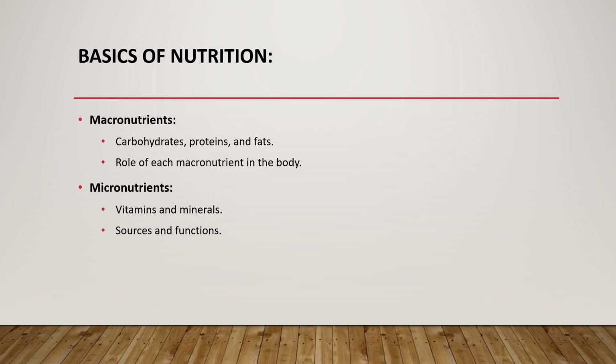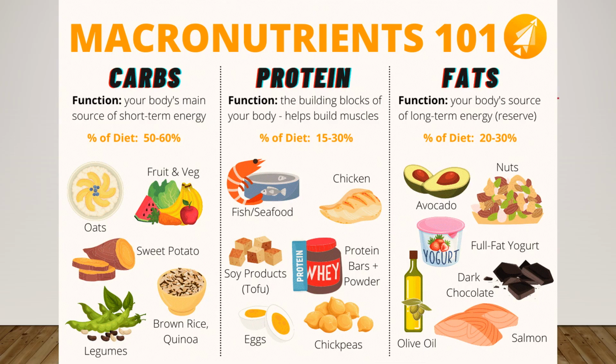Let's look at the macronutrients first. There are three main macronutrients: carbs, protein and fats. Generally your diet consists of 50 to 60% carbs, 15 to 30% protein, and 20 to 30% fats. Carbs play an important role because your body's main source of short-term energy comes from carbs.